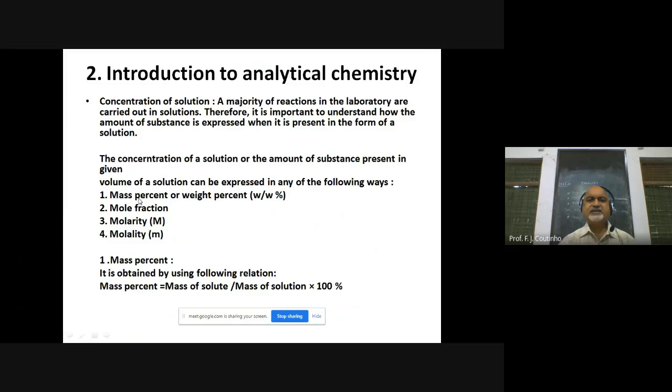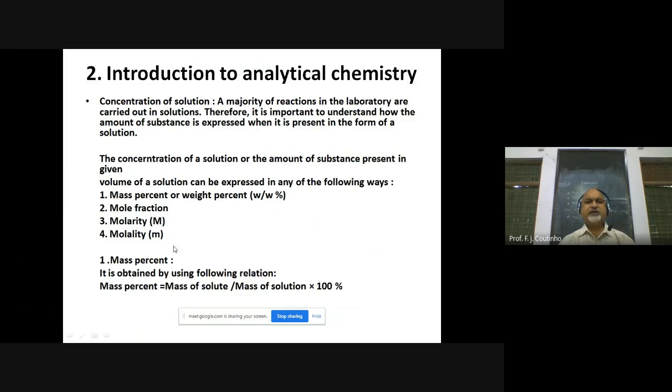Nowadays we say mass, and the old term is weight. So weight is the amount, how much. The second is mole fraction, the third is molarity, and the fourth is molality. This is a new term.